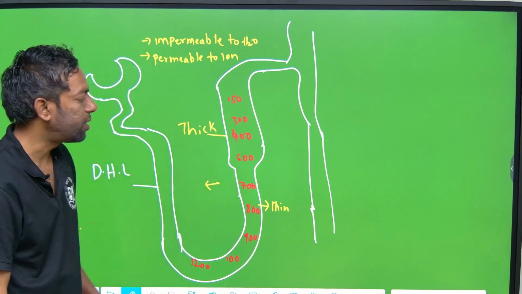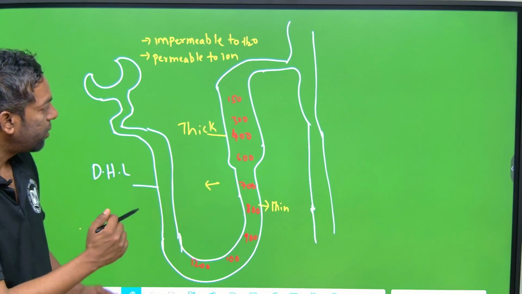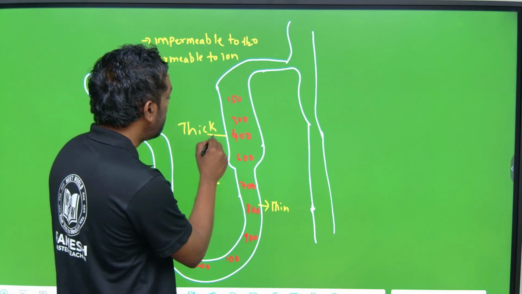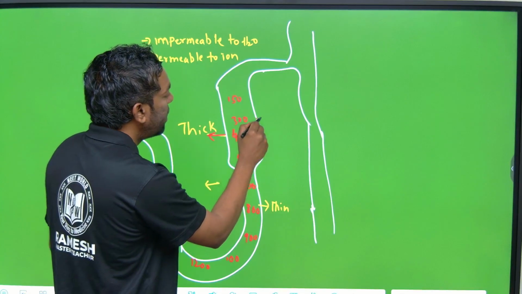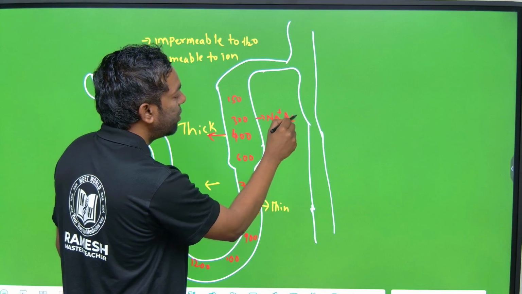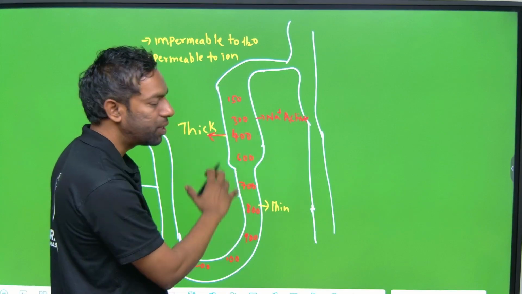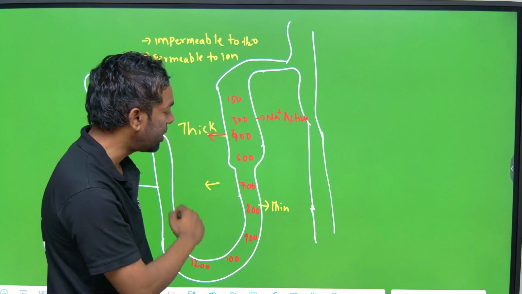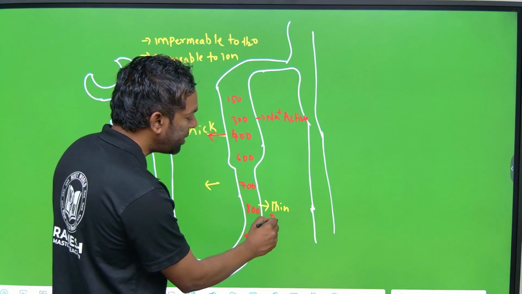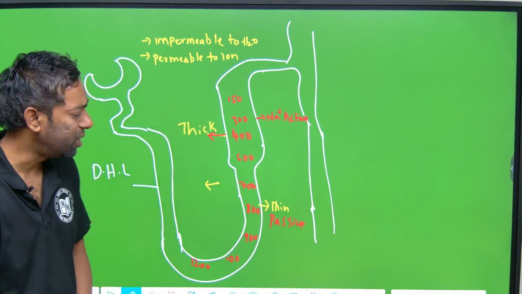This is the concentration that takes place along the descending Henle limb. Just see how that takes place. Here Na absorption is in active mode, actively absorbed, meaning ATP consumption takes place, in the thick segment. The thin segment is passive absorption.